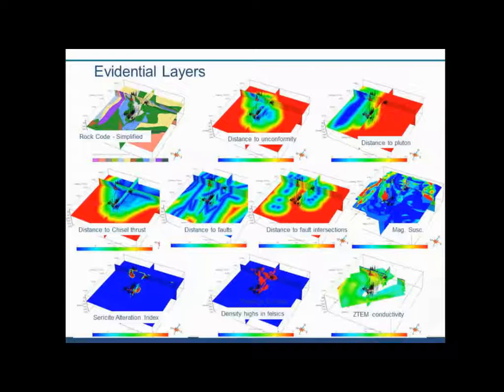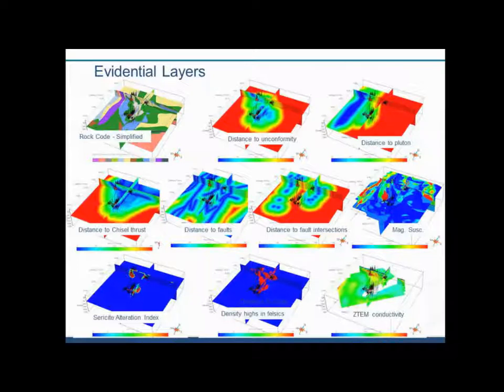The other thing to point out is the targeting process we use requires data to exist everywhere, for all evidence layers. If we have data that exists in subvolumes, like for example our ZTEM conductivity model, then there's going to be holes in this model. It's not too unlike the alteration index example, but we're going to have upweighting or downweighting in areas where we don't have data for that particular evidence layer.